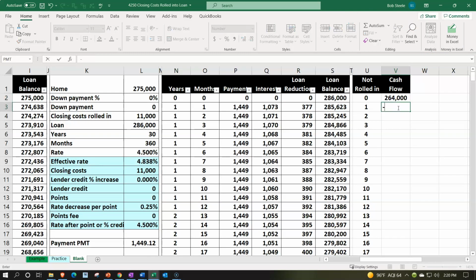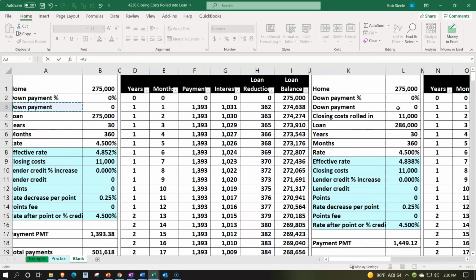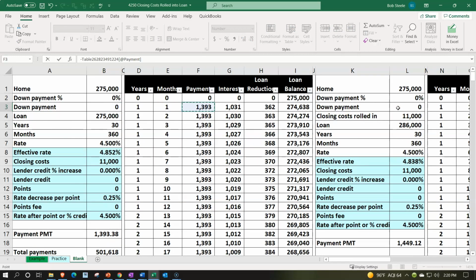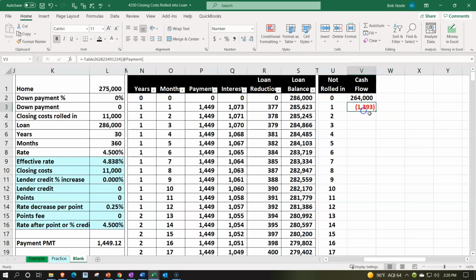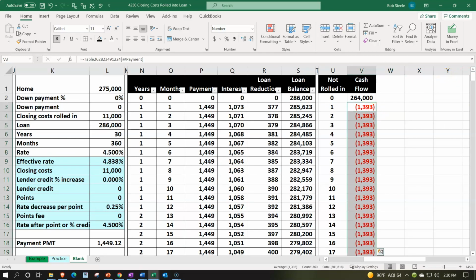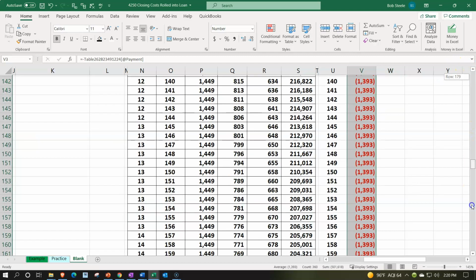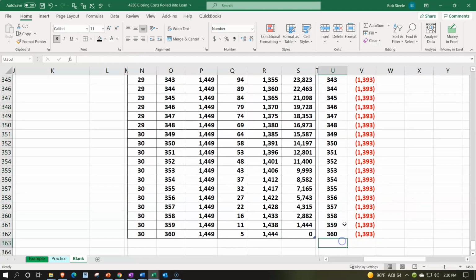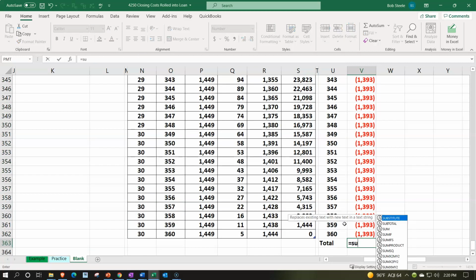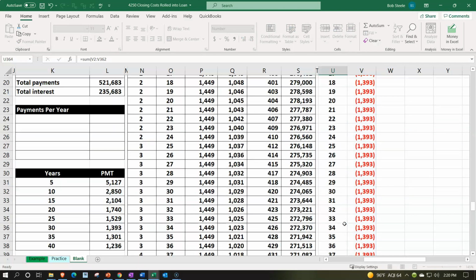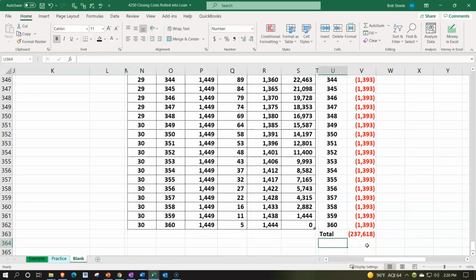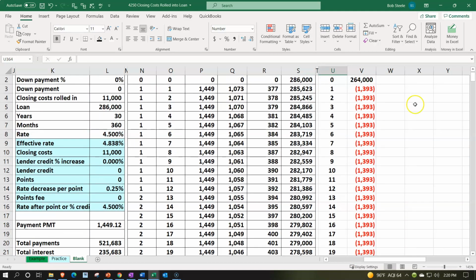And then we had our payments, which are going to be the 1393 about. And if we copy that on down, and scroll on down, in essence, we got a total cash flow equal to the sum of this whole thing. And that comes out to the 237,618 out, net outflow.